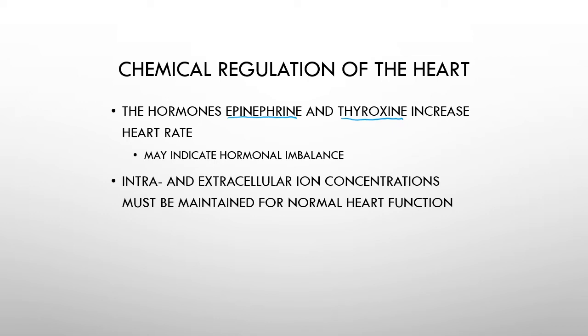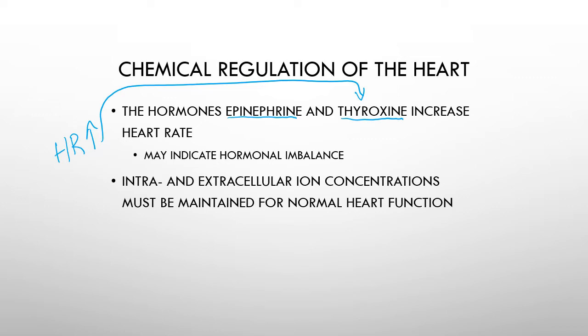And so if a person's heart rate is elevated, it may well be because of something like thyroxine being elevated, our thyroid hormone being elevated. And so if there's no other good reason, in a sense, for it to be there, it's one thing to start to look at as far as a person's hormone levels go, is to look at the amount of thyroid hormone that they do have within the body itself.